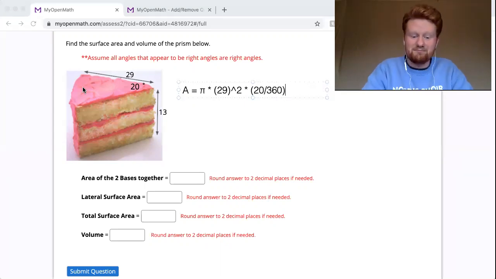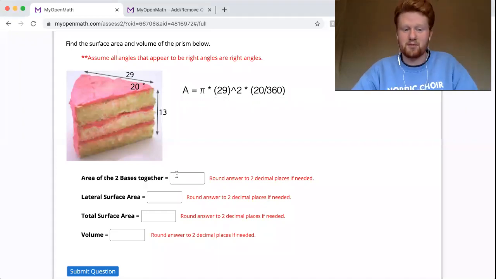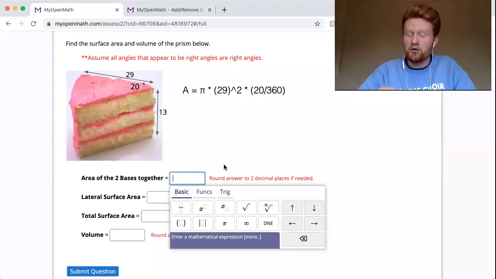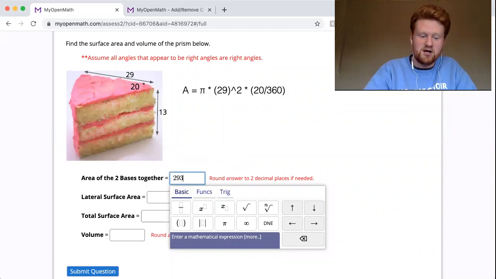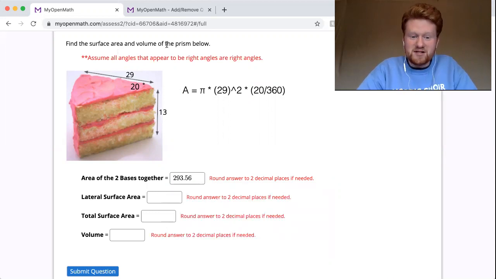So I'm going to type in my calculator pi times 29 squared times 20 divided by 360. That will get a grand total of 146.78. But remember, we want to find both bases together, so we need to times that result by 2, and I get 293.56.